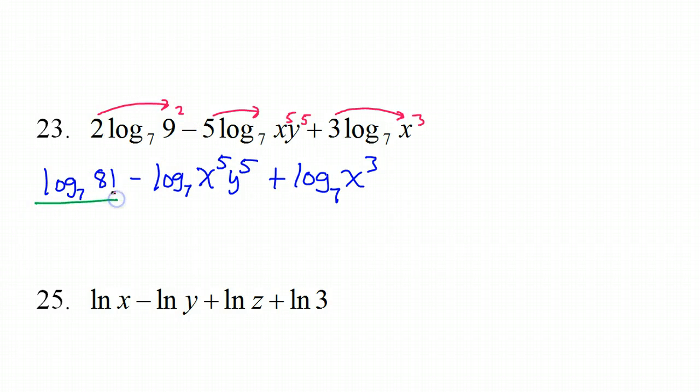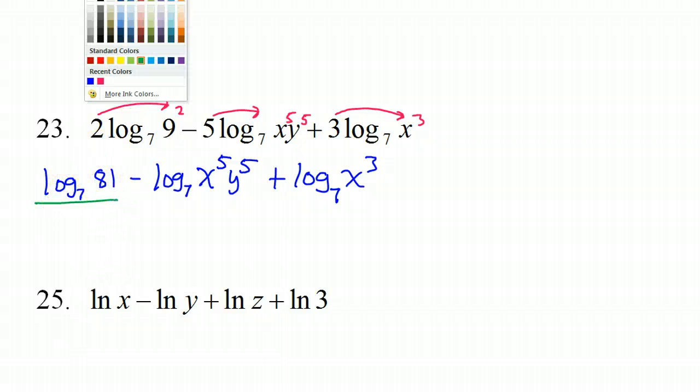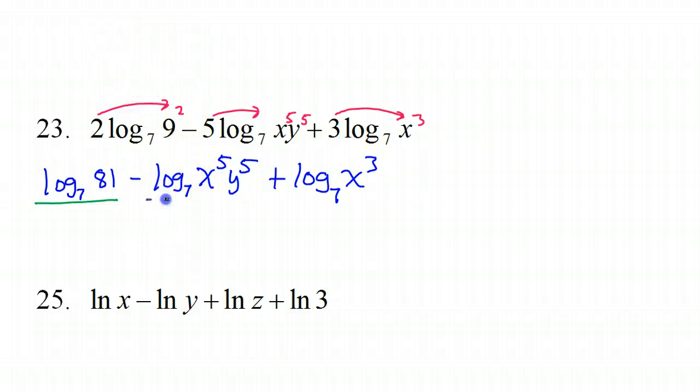So this term will contribute 81 to the numerator. Any term that is negative will contribute a factor to the denominator. Everything I just underlined in green is going to put a factor in the numerator because these are positive. Everything I just underlined in purple is going to contribute factors to the denominator.